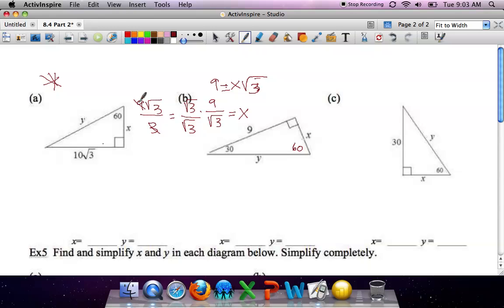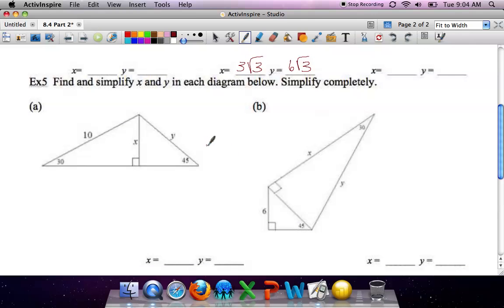It's taking out a 3 in the numerator, and in the denominator we would have an answer of 3 root 3. So x is 3 root 3. Y, the hypotenuse, is twice the smallest leg. So 3 root 3 times 2 would be 6 root 3. Complete C on your own, and we will check it in next class.